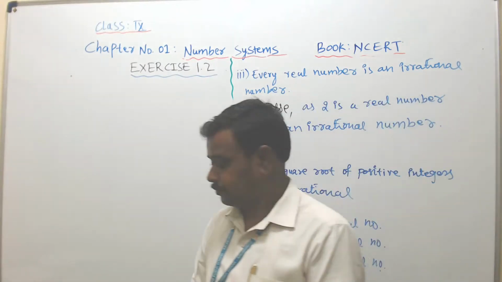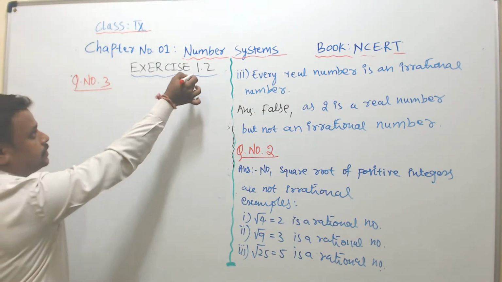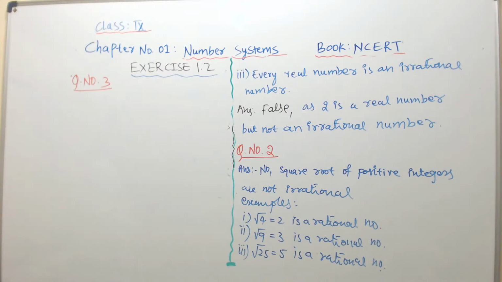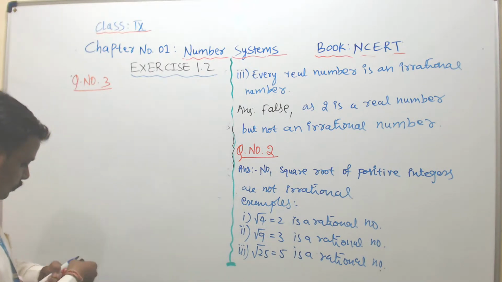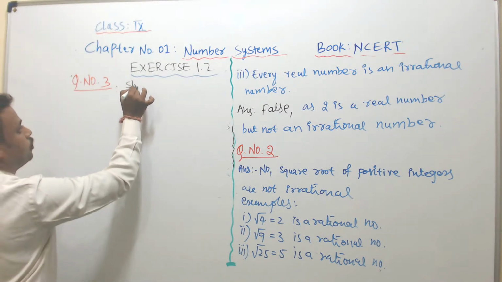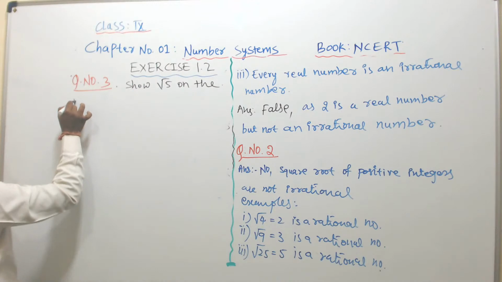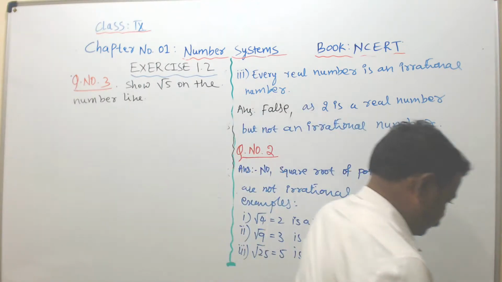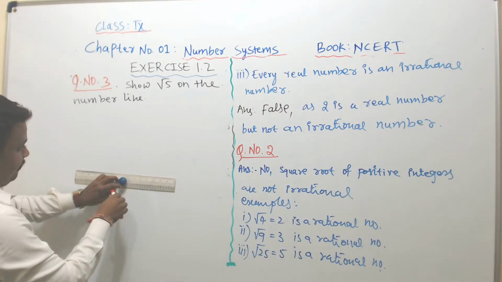In exercise 1.2, locate root 5 on the number line, or show root 5 on the number line. Once again, you have to draw the line.